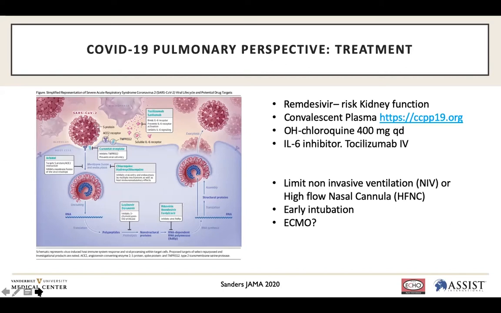Now, the diagram on the left-hand side gives you some hints as to where this is trying to be targeted and at what level of the viral replication cycle. But the main point I would like to make here is that we're not trying to treat just one disease. We may try to fight at least two main diseases.